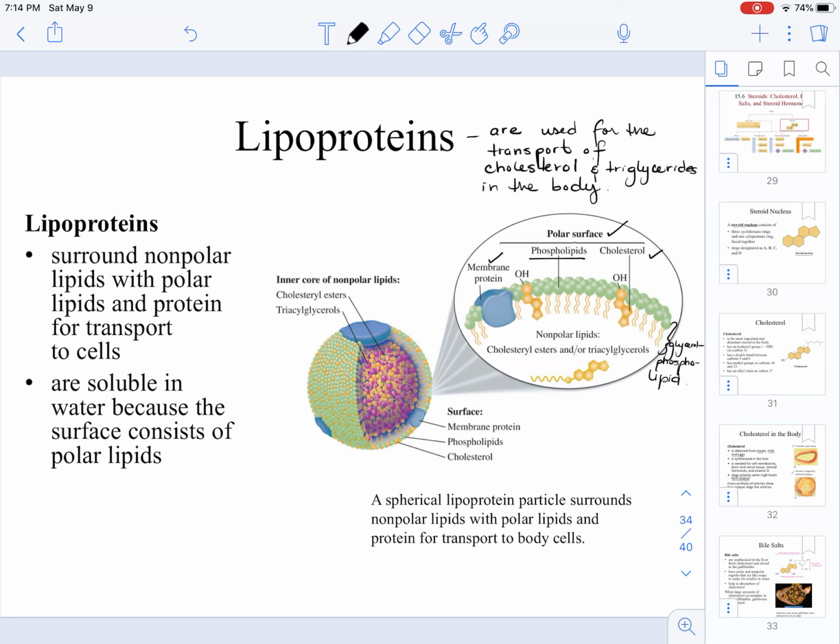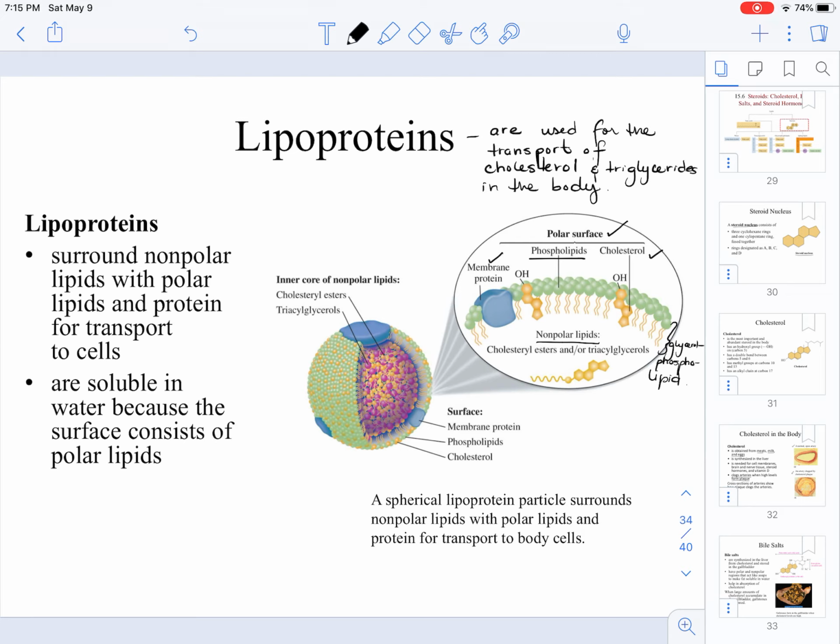Then, remember that this has some nonpolar tails, and that's why it's able to allow those nonpolar lipids to sit inside the molecules. Remember, cholesterol and or triacylglycerols is what is transported.